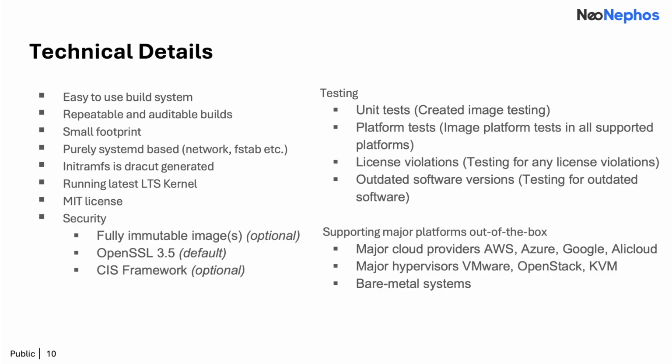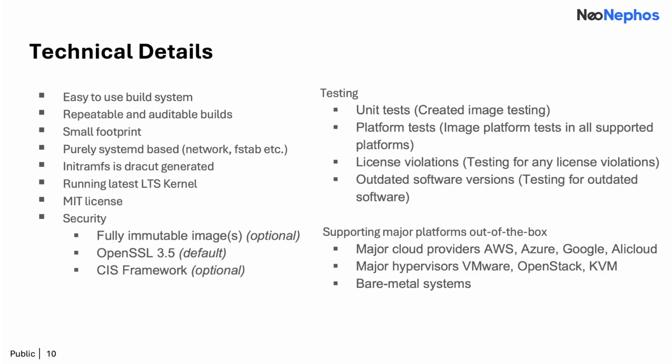The initramfs is generated with Dracut, so all fully integrated with systemd. We are running the latest LTS kernel. It's all MIT licensed, so you can freely use this. We can produce immutable images if you want. If you don't, then you select the proper feature. We are at the level of OpenSSL 3.5.